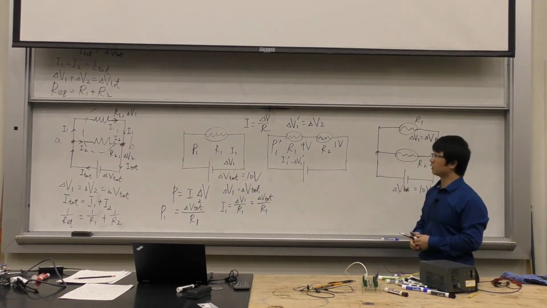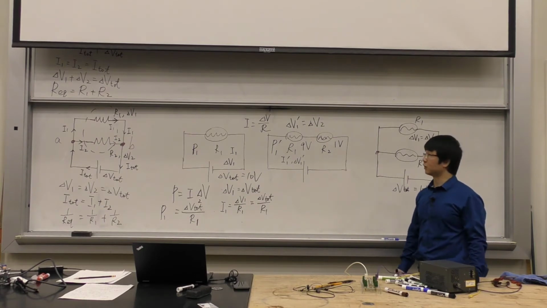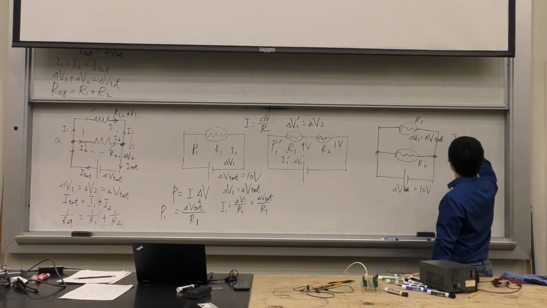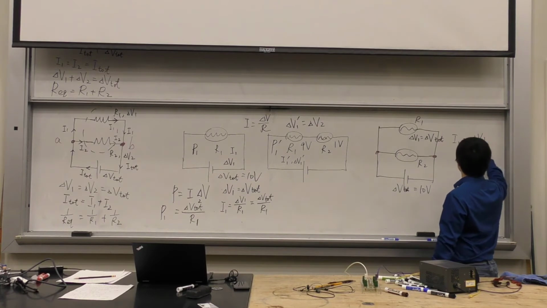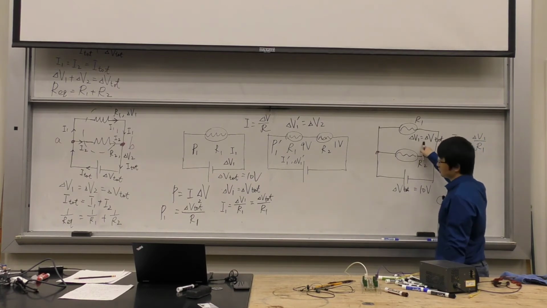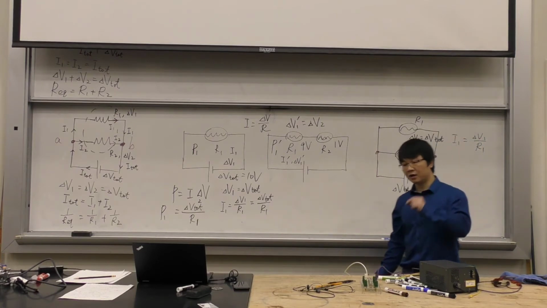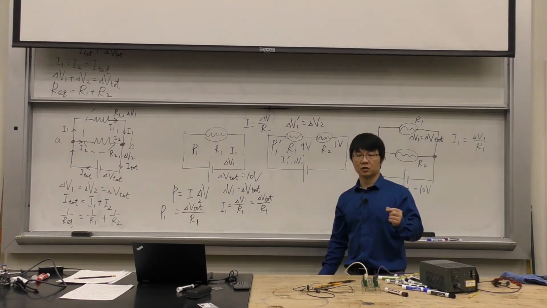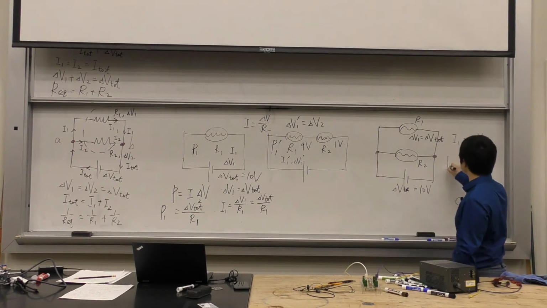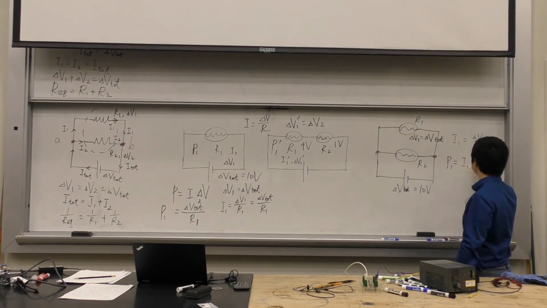Then what about I1? I1 is not going to change either, because I1 is equal to V1 over R1. If V doesn't change, then I doesn't change. If V and I don't change, that means the power doesn't change, because the power is always I1 times V1.